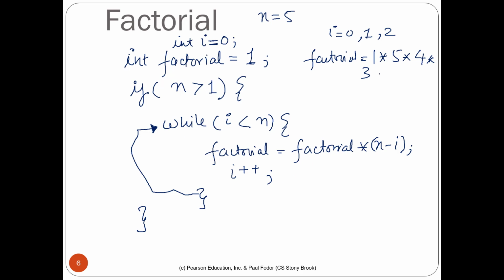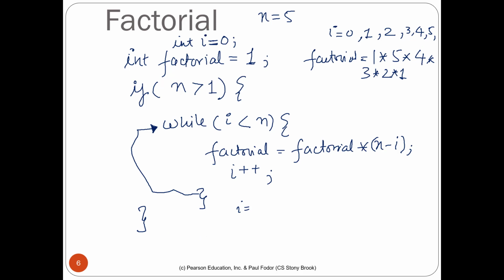Okay, and then you will do multiplied by 2, and after that what will happen? Then you will have multiplied by 1, and finally i will be 0, 2, then 3, then 4, and when i is equal to 5, then 5 is not less than n, and you come out of the while loop.